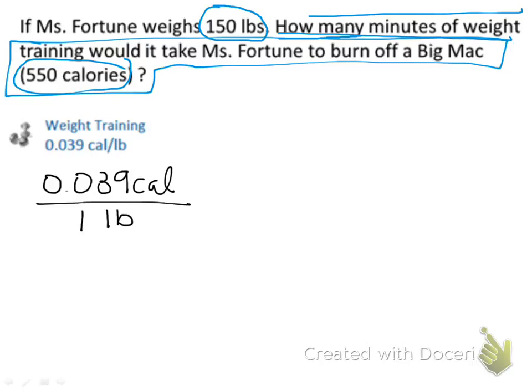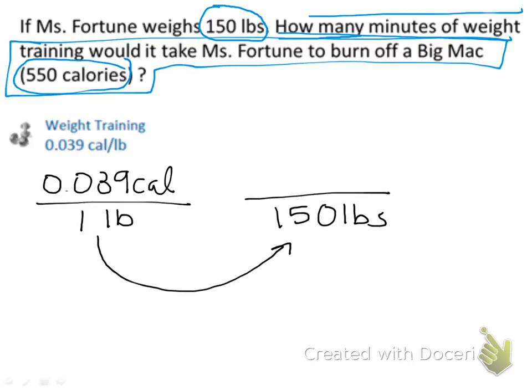So if you burn 39 thousandths of a calorie per pound, the two rates we can set up is we know that Miss Fortune weighs 150 pounds. And we need to figure out how many calories she would burn in 1 minute of exercise. So to go from 1 pound to 150 pounds, I'm multiplying by 150. Whatever I did to the denominator, I will do the same thing at the top to the numerator.